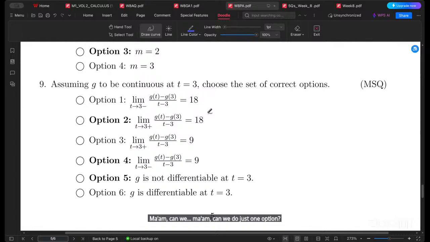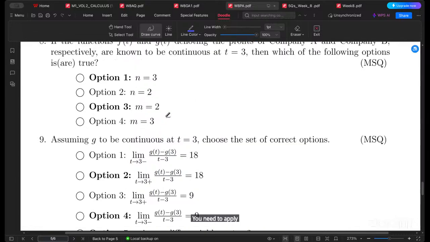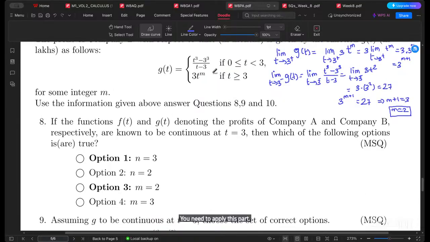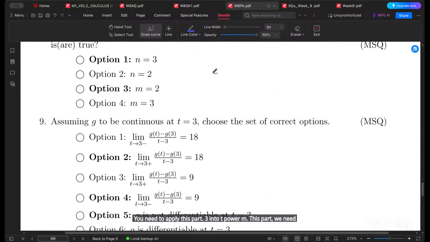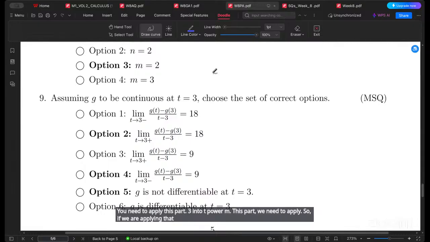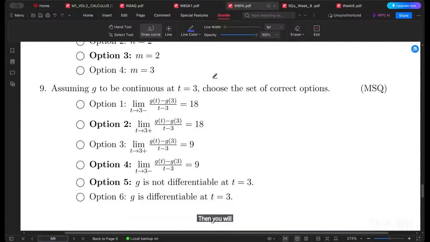So here you see that for 3 plus, you need to apply this part, 3 into t power m. So if we are applying that particular part for 3 plus, then you will get limit t goes to 3 plus g of t, what is g of t?